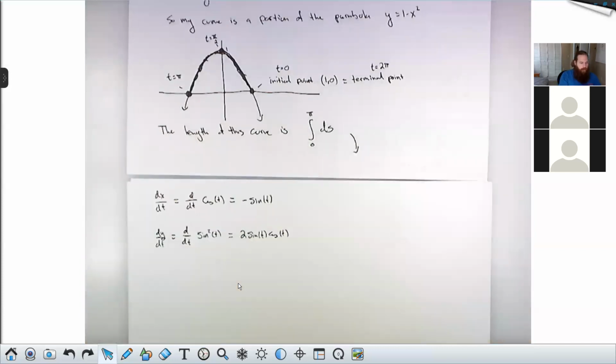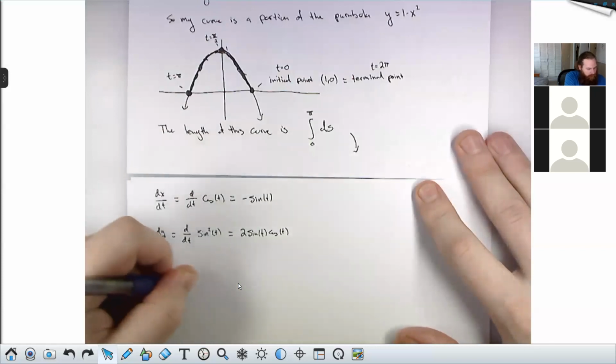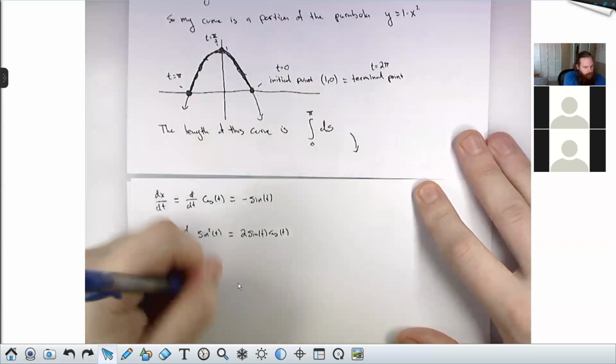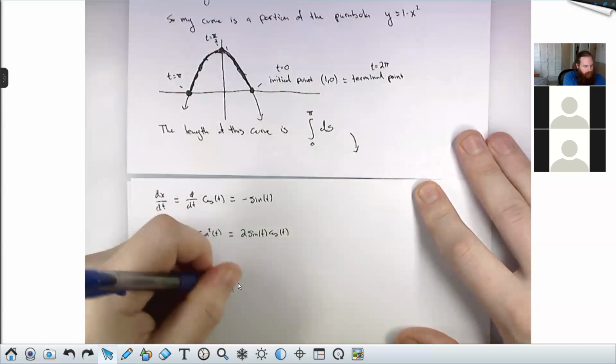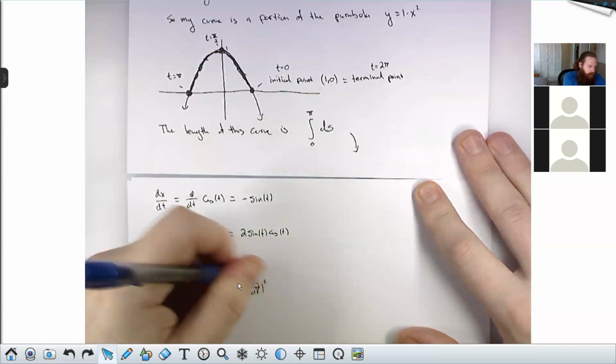No guarantee that I can do the integral because these arc-length integrals tend to be horrible. So s, my length, is the integral from 0 to pi of the square root of dx dt all squared plus dy dt all squared.